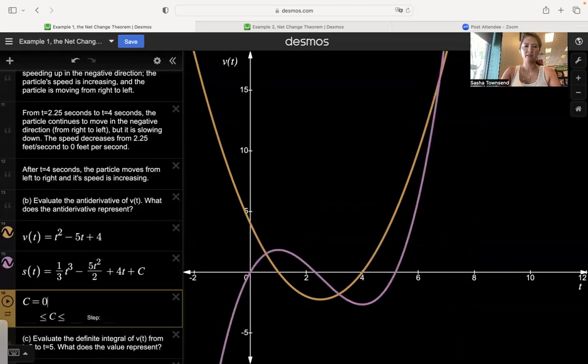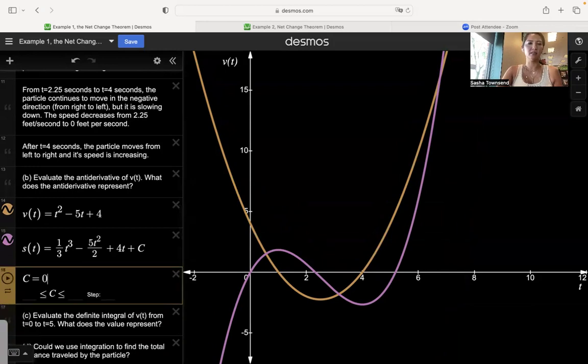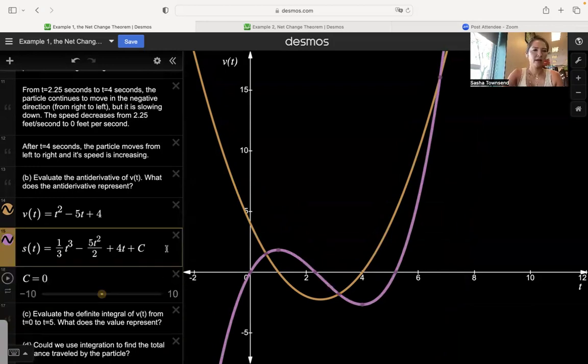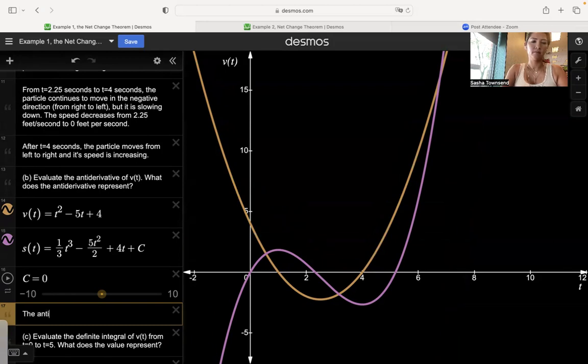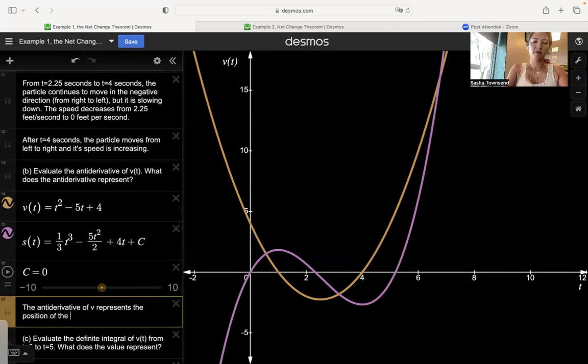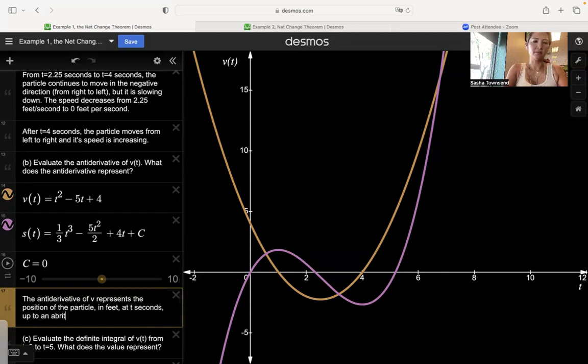And we'll just say c equals 0 for right now, but we don't actually know what c is. And we will say, what does s of t, or what does the antiderivative represent? Antiderivative of v represents the position of the particle in feet at t seconds up to an arbitrary constant.